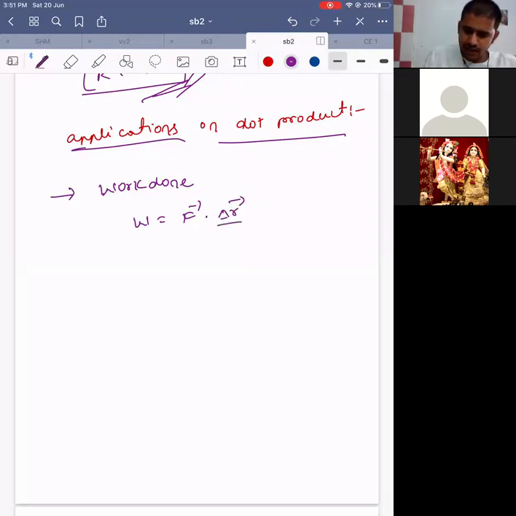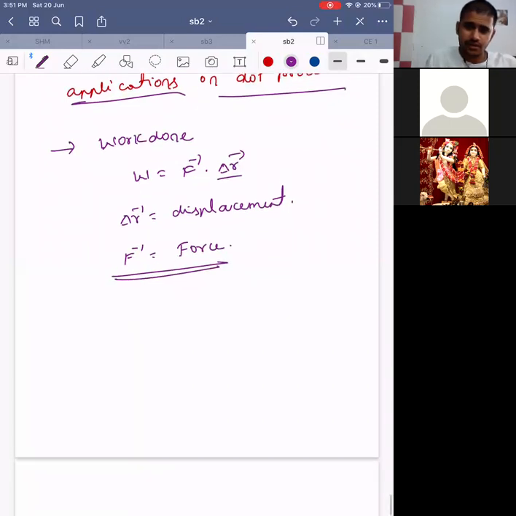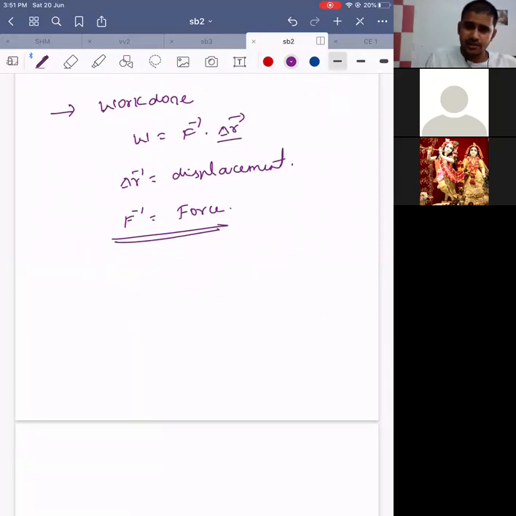Delta R bar is nothing but displacement, and F bar is force. So if they ask directly, they will give displacement, or they will give initial and final positions of the body.